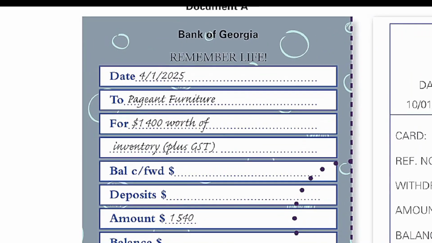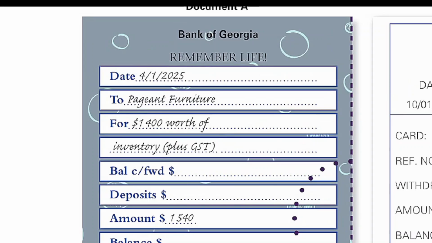Right. 4th of January. What is the transaction? Can anybody tell me the double entry for that? What has happened? Date is 4th, Pageant Furniture. What does that mean? Cash has been received or paid to Pageant? Paid. How do we know for sure it is paid?